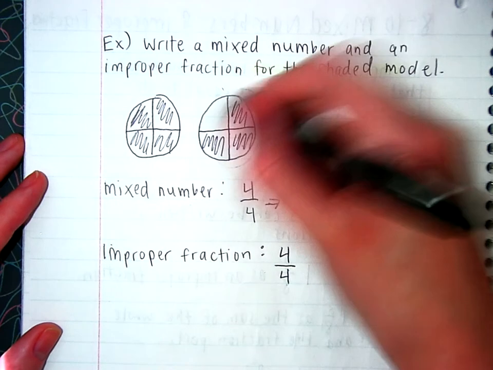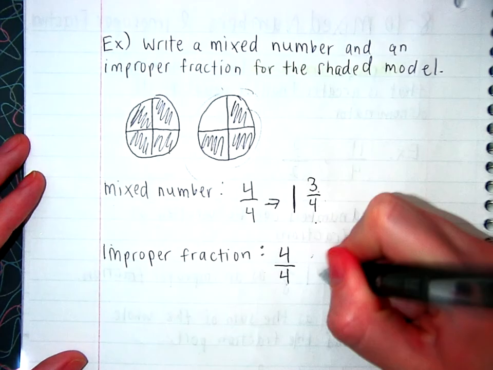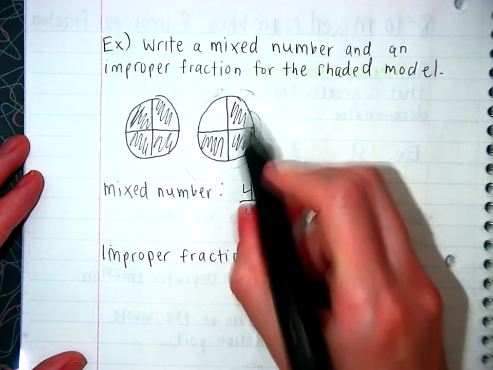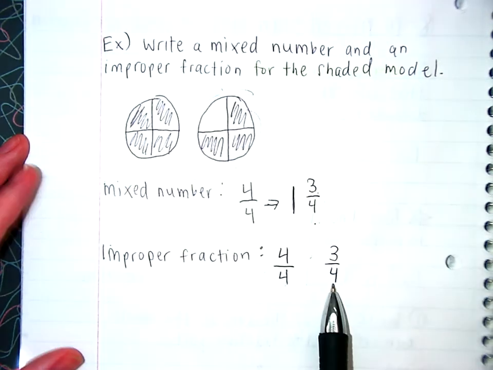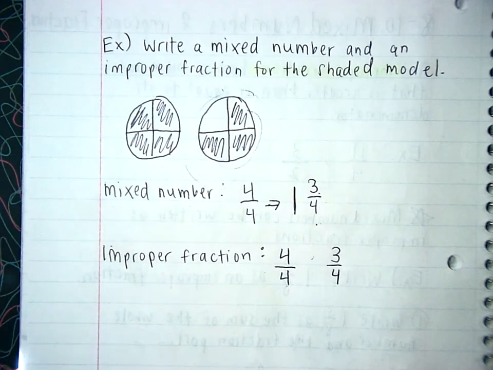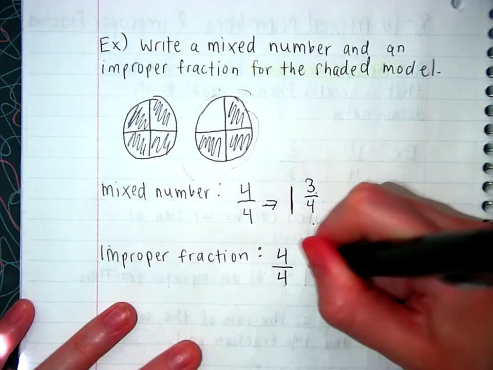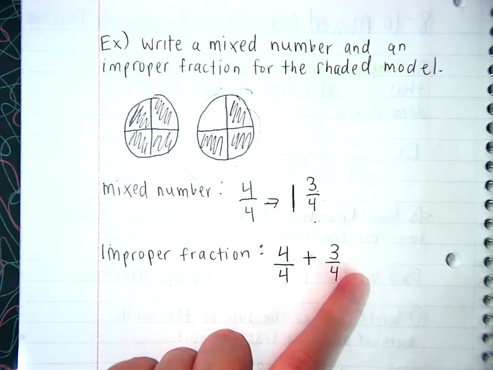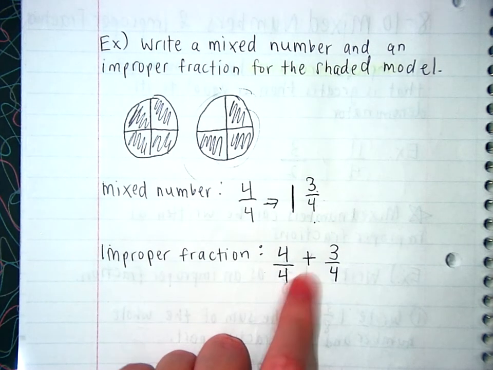Then I look at the second shaded model. That would be the 3 over 4 because there's 3 parts shaded and it's also 4 parts for the denominator. Remember, for the improper fraction, when you add them, you are only adding the numerator.